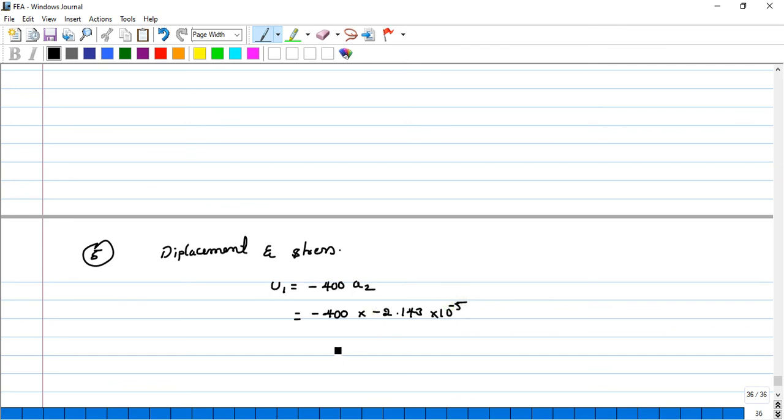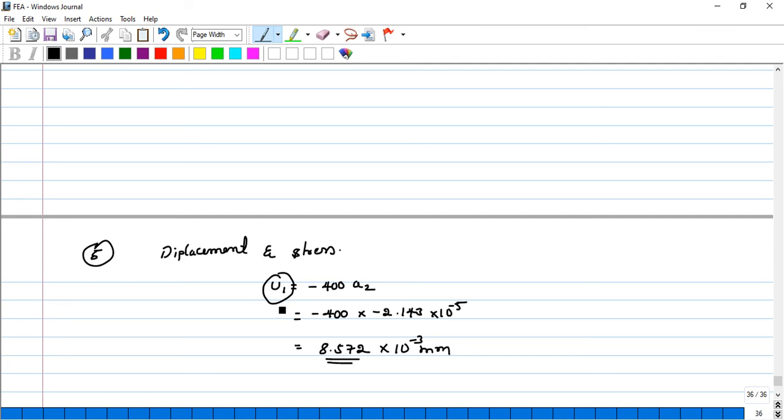So here we are able to identify U1 as 8.572 into 10 raised to minus 3 mm. So where is this U1? U1 will be the displacement at the midpoint when we apply the force of 8 kilonewton.